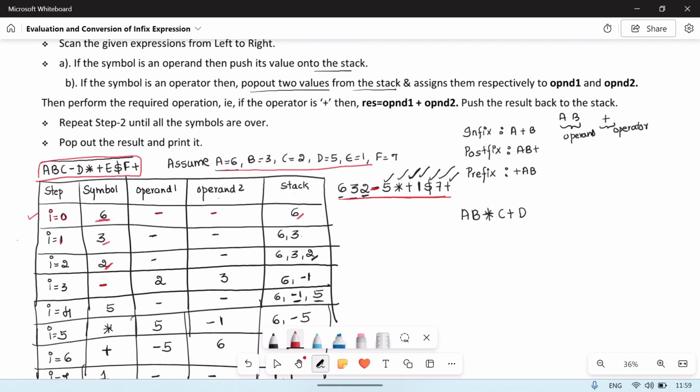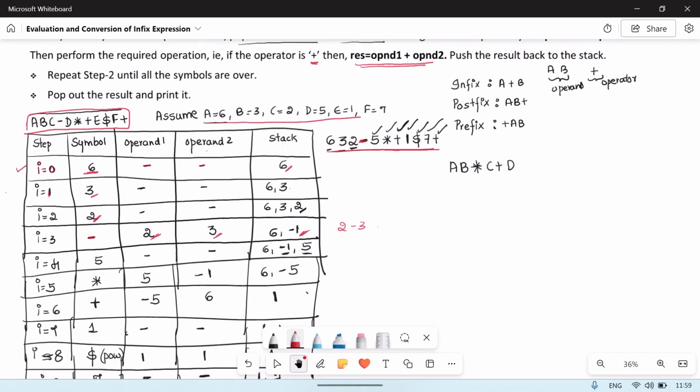So 2 will come out first, followed by 3. Then you have to carry out this operation. Based on the operator, you do operand 1, whatever operation, operand 2. So it is 2 minus 3, which is minus 1. So it is 6 comma minus 1.